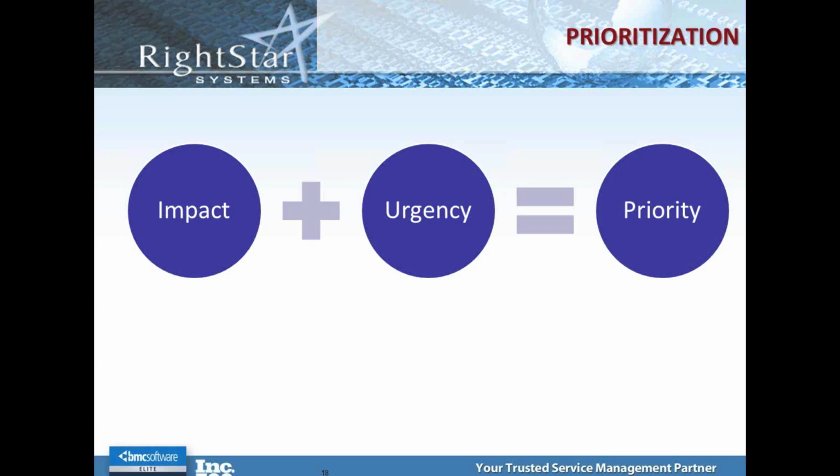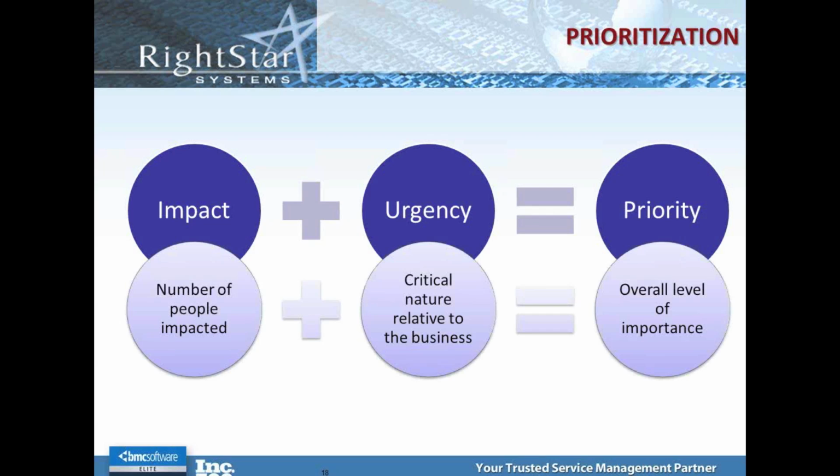So urgency should be established prior to the incident occurring, but impact is evaluated at the time that the incident occurs. So again, urgency is how critical is this particular service to the business. Impact is the number of people impacted. So is this a widespread outage?